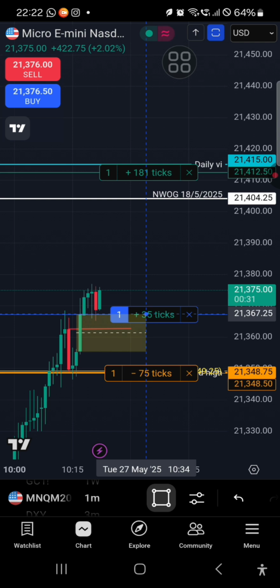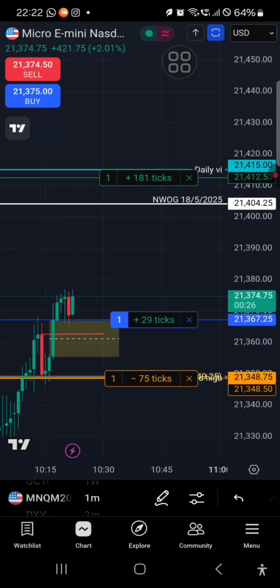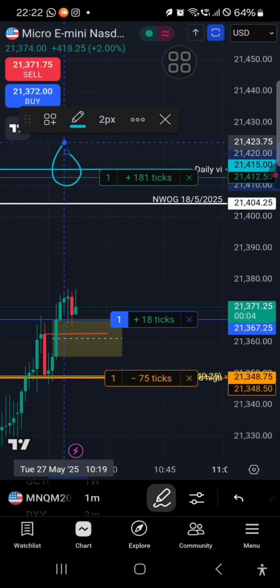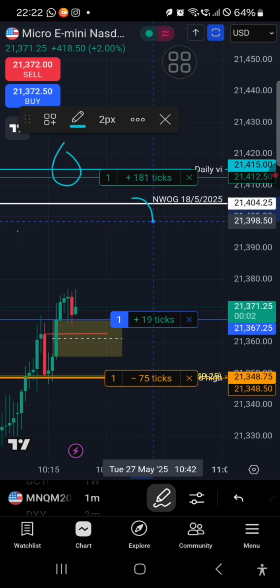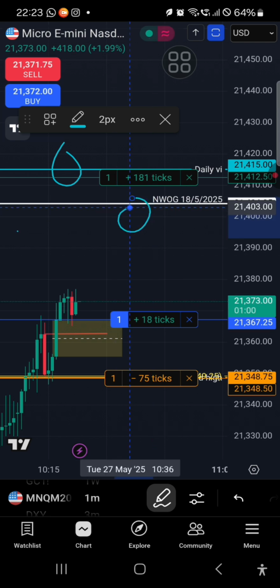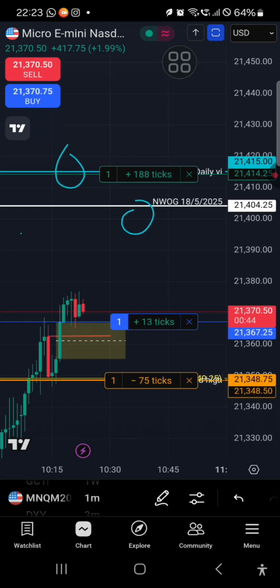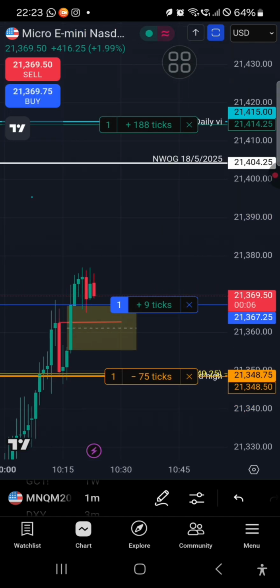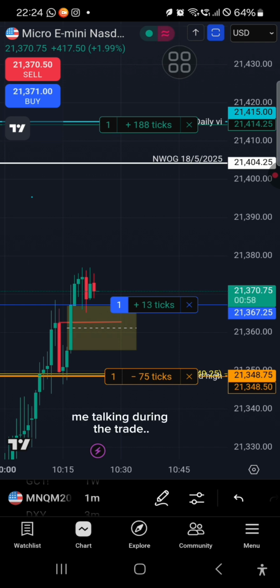This is the silver bullet fair value gap. Yes, we do have the daily VI as my target, but I'm not going to hold until then. I'm just going to take my profits at the new week opening gap and be contented with that. This is how trading actually is. It's just submitting to price action and waiting. I'm not rushing price, just letting it do what it wants to do.